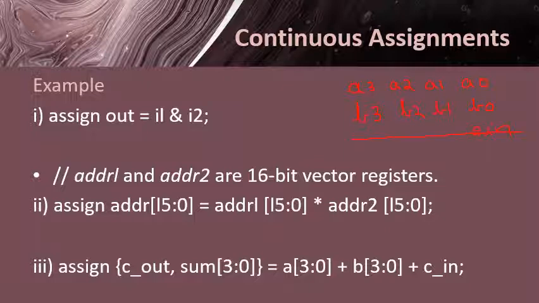So the sum will be S3, S2, S1 and S0, and the carry out will be extended on this carry out signal. So this is basically a 4-bit adder written in a single line.